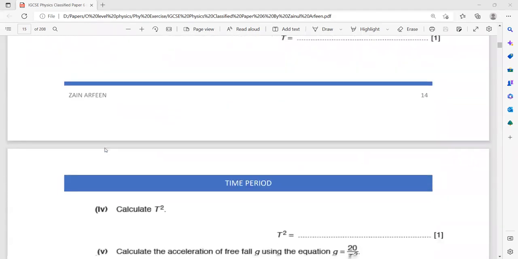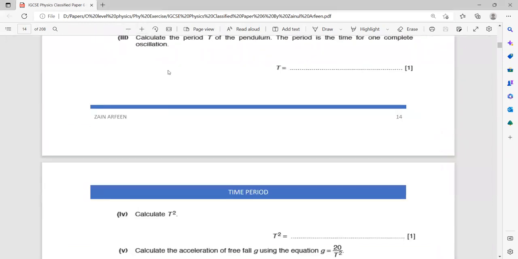Then T squared. T was 1.406. What will be T squared? The square of this number is 1.9768, so we round off to three significant figures, and this will become 1.98.